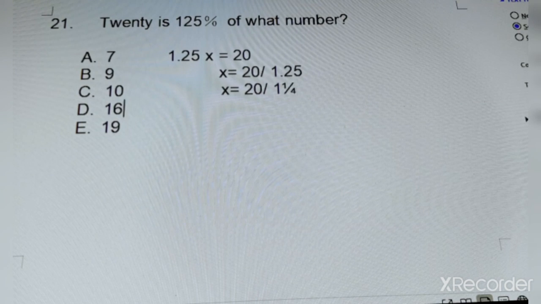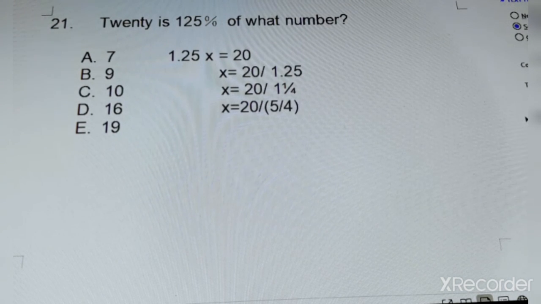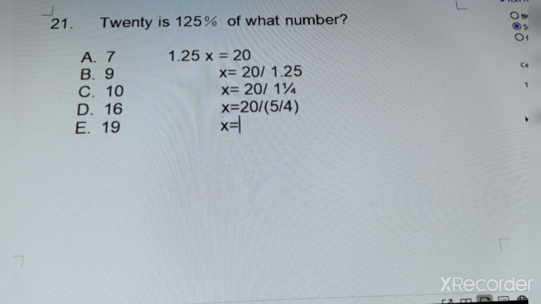Next, x equals 20 over 1 and 1/4. 4 times 1 is 4 plus 1 is 5 over 4. So this is 5 over 4. So x is equal to 20 divided by 5/4. 20 is divisible by 5.